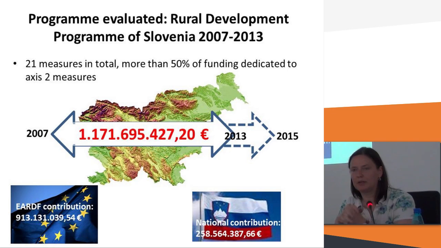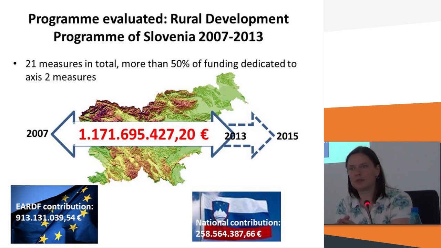The RDP was quite big, over 1 billion 200,000, and more than 50% of funding was spent on Axis 2. So 625 million was spent on Axis 2.